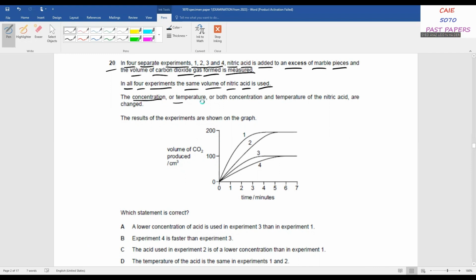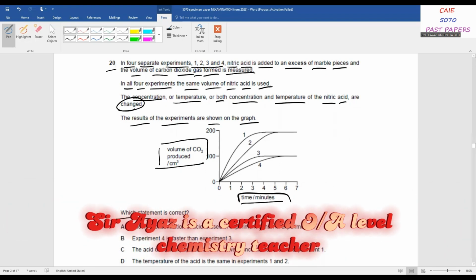The concentration or temperature or both concentration and temperature of the nitric acid are changed. The results of the experiments are shown on the graph. On x-axis, you have time in minutes, and on y-axis, you have volume of CO2 produced. Which statement is correct?